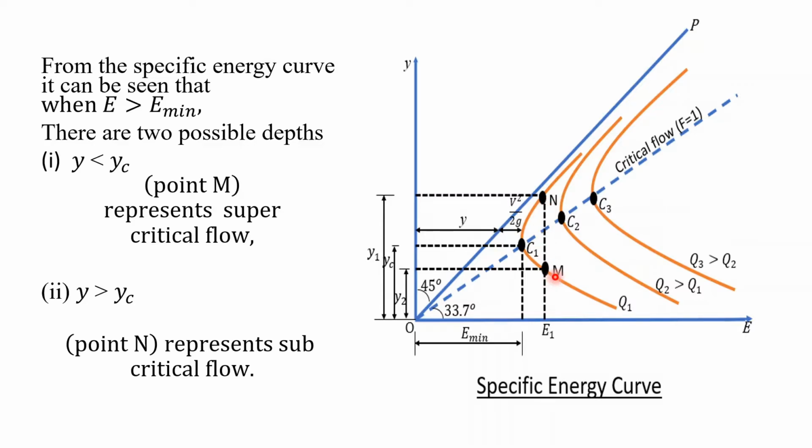At point M, Y is less than Yc and the flow represents supercritical flow. And at point N, Y is greater than Yc and the flow represents subcritical flow.